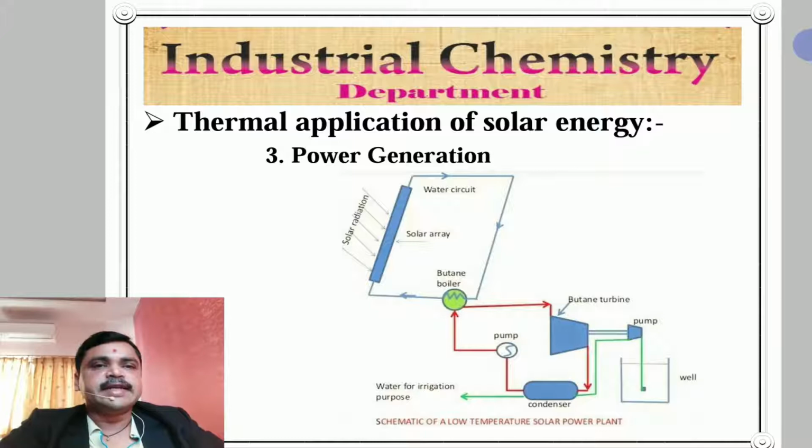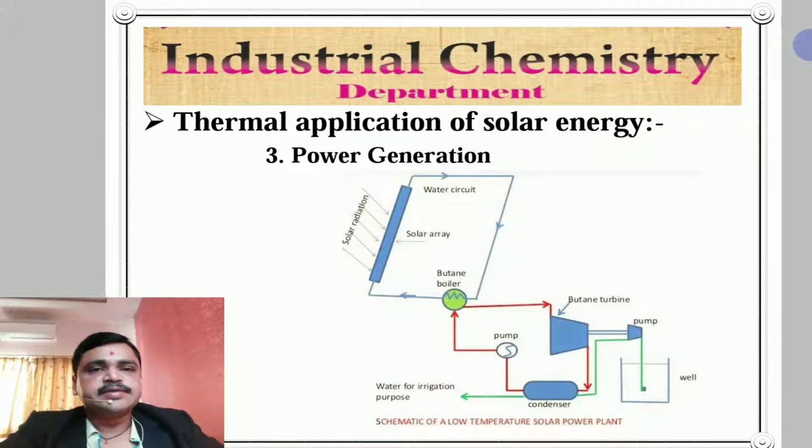This is the standard power generating system. There are two cycles in the power generating system. One is the water circulating system, which is shown in blue, and the second is the Rankine cycle, which is shown in red.